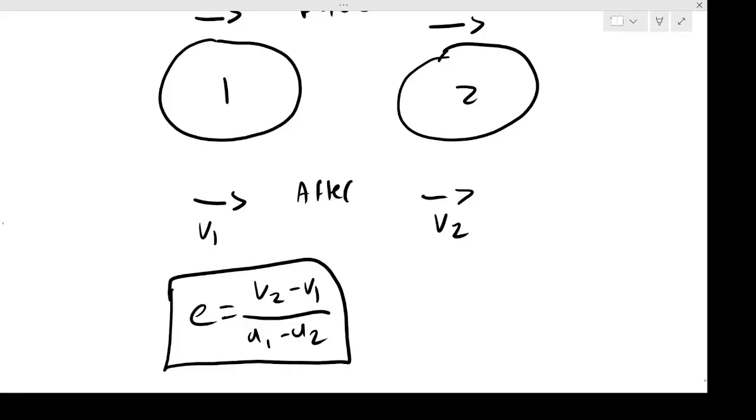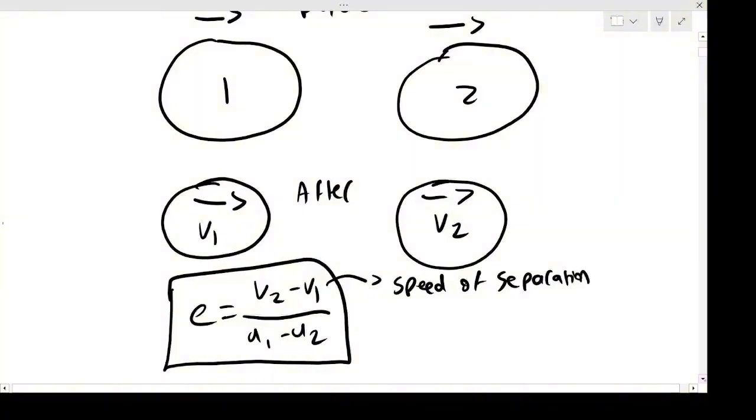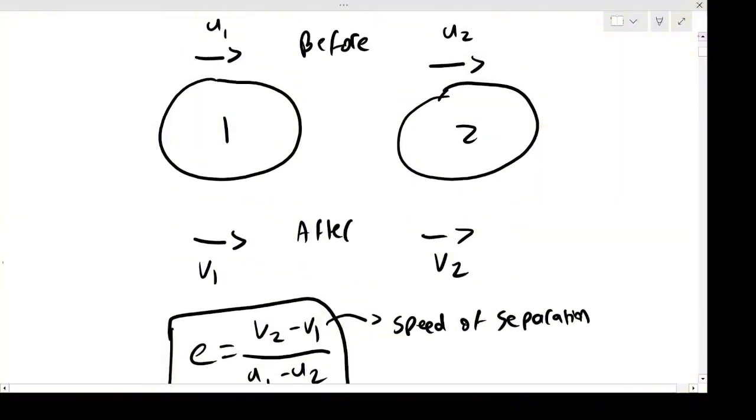So what I'm saying here is I take away the speed of the first one from the second one, and that's going to get me my speed of separation. And then we divide by the speed of approach, and the speed of approach is the speed of the first one before take away the speed of the second one.